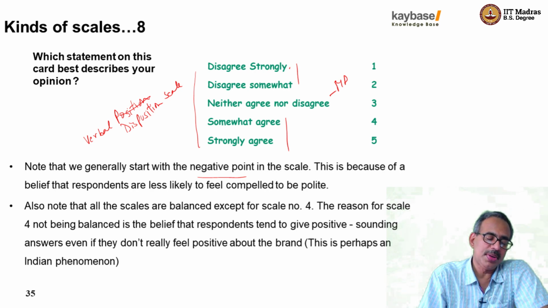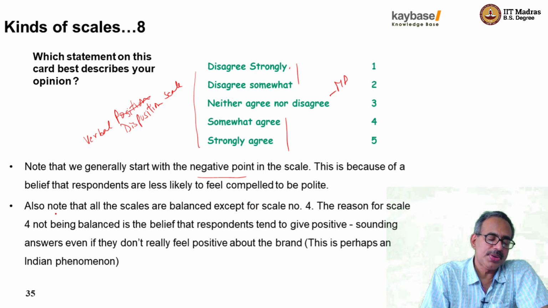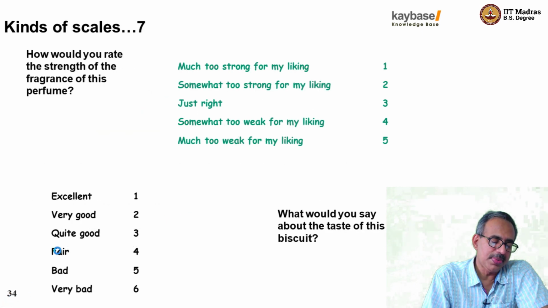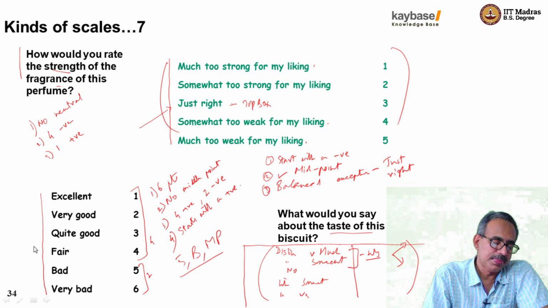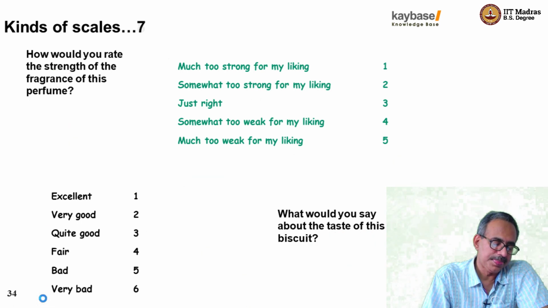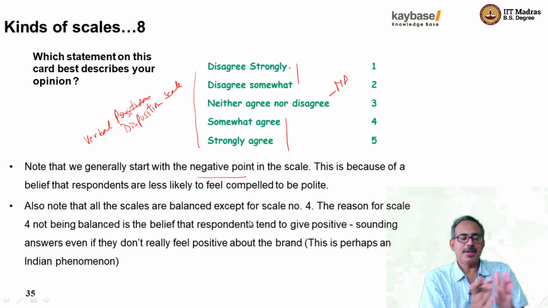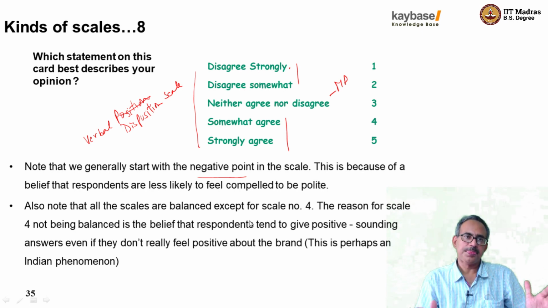Also note that all the scales are balanced except for scale number 4, which we saw earlier. The reason for the scale not being balanced is that some clients like to spread out the positive responses.